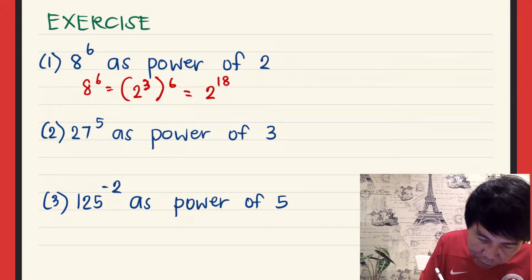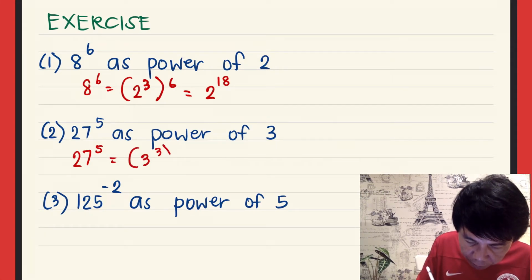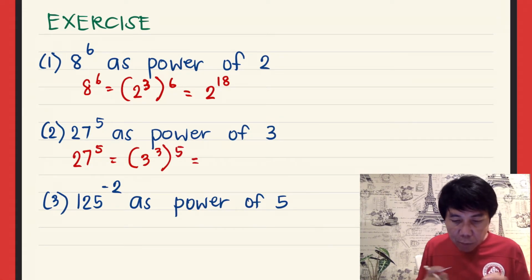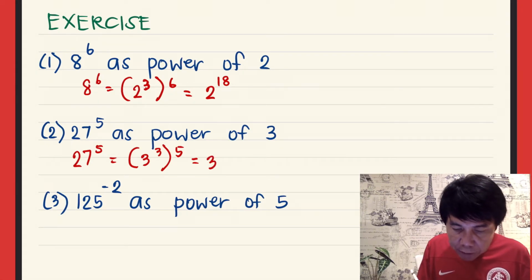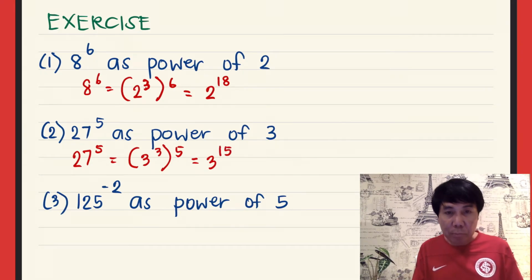So 27 raised to the power of 5 is the same as 3 raised to the power of 3, raised to 5. Then we multiply the exponents. 3 times 5 is 15. So we have 3 raised to the power of 15.